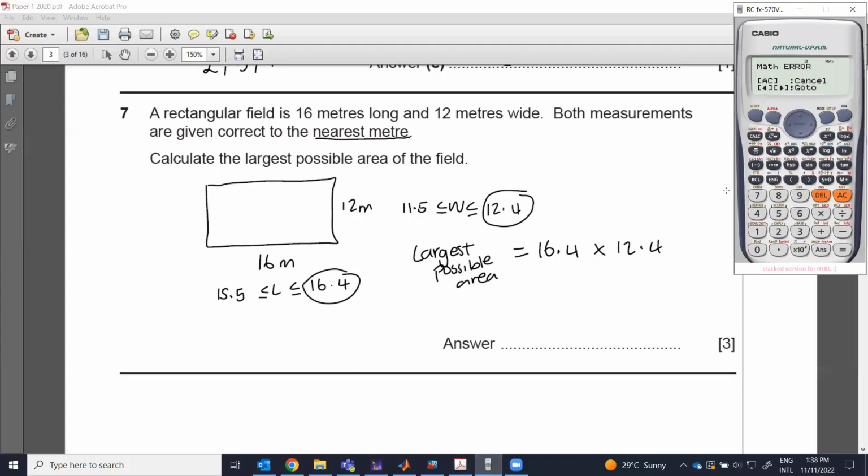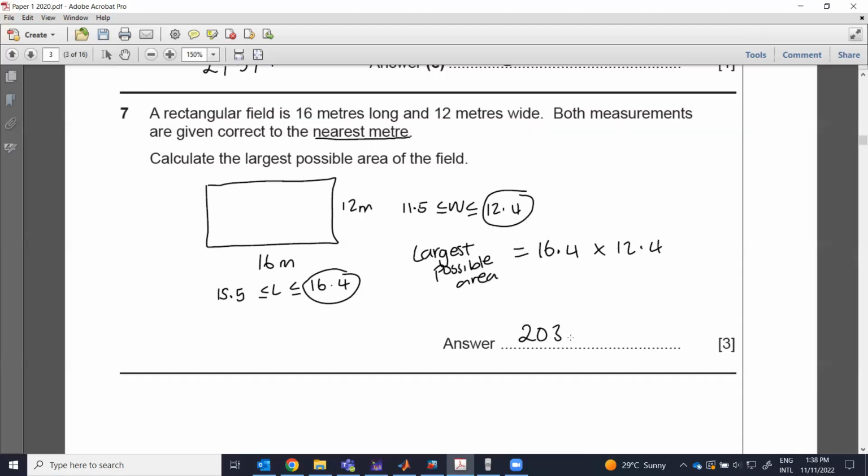And this you do on your calculator. So we say 16.4 multiplied by 12.4, and this gives us 203.36. And then this is meters squared.